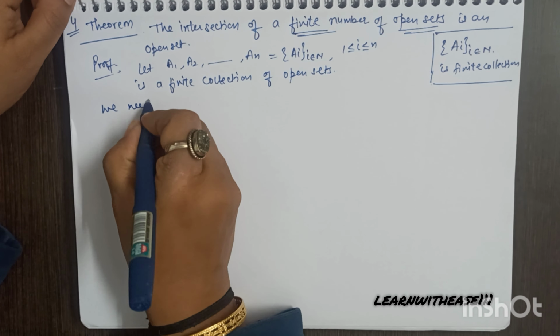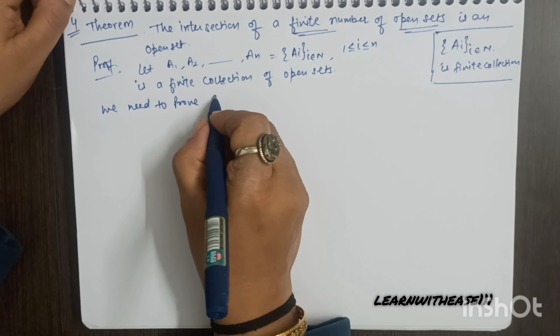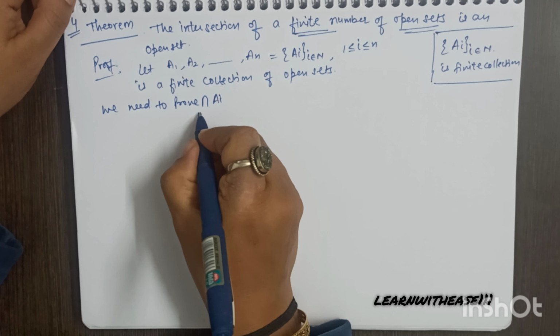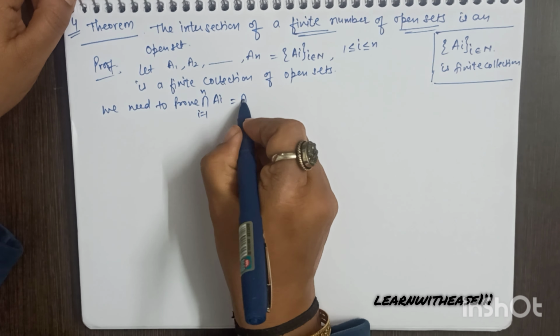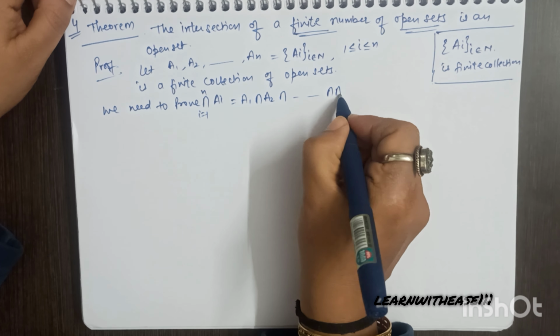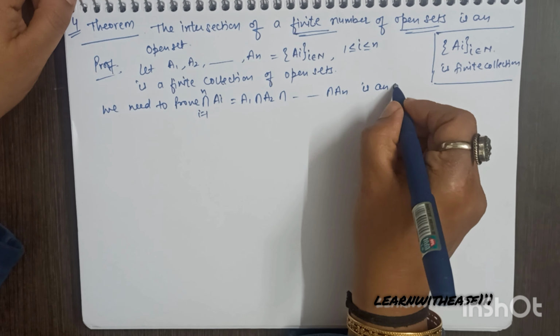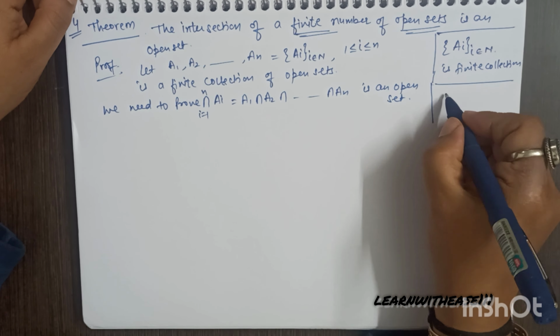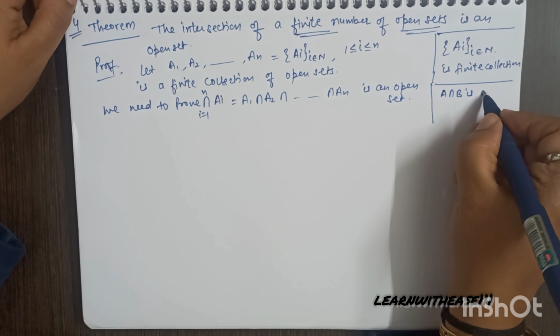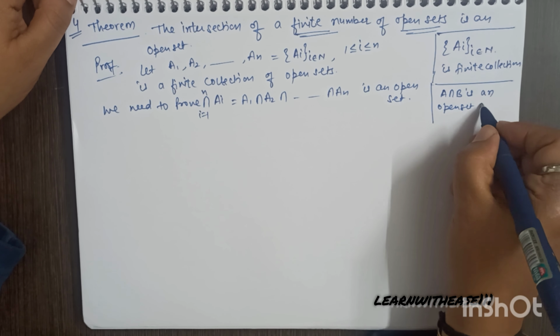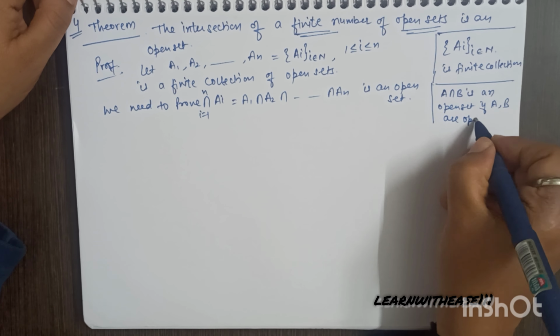We need to prove that the intersection of Ai, meaning A1 intersection A2 intersection ... An, is also an open set. Like we have done the theorem that the intersection of two open sets is open, in a similar pattern we will be doing this.